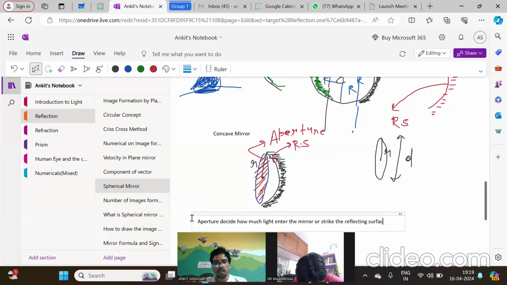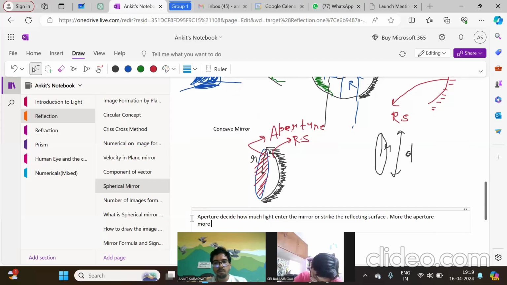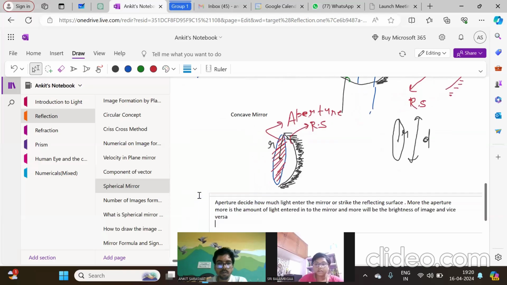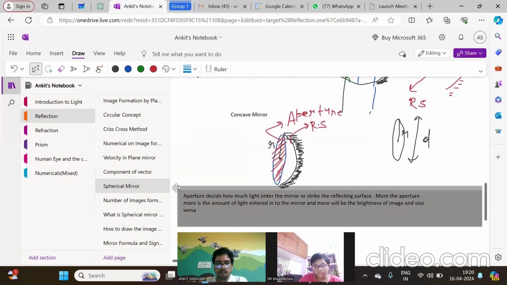The more the aperture, the more is the amount of light entering the mirror, and the more will be the brightness of the image, and vice versa. Clear? So this is very, very important.